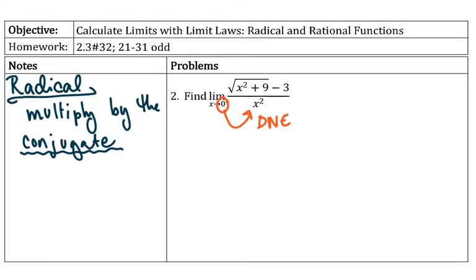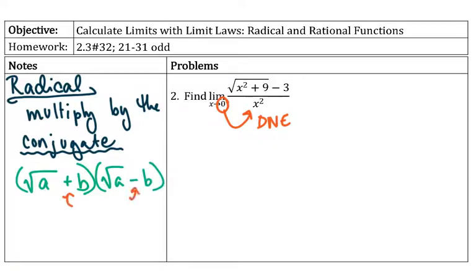So if you remember the conjugate, if we have something like a root plus another number, or that other number could just be 0, the conjugate is that same term but with the sign changed. This is what makes it a conjugate. You're just changing the sign. And when you FOIL that all out, you get a minus b squared. The nice thing about that is you'll notice that there's no roots left.